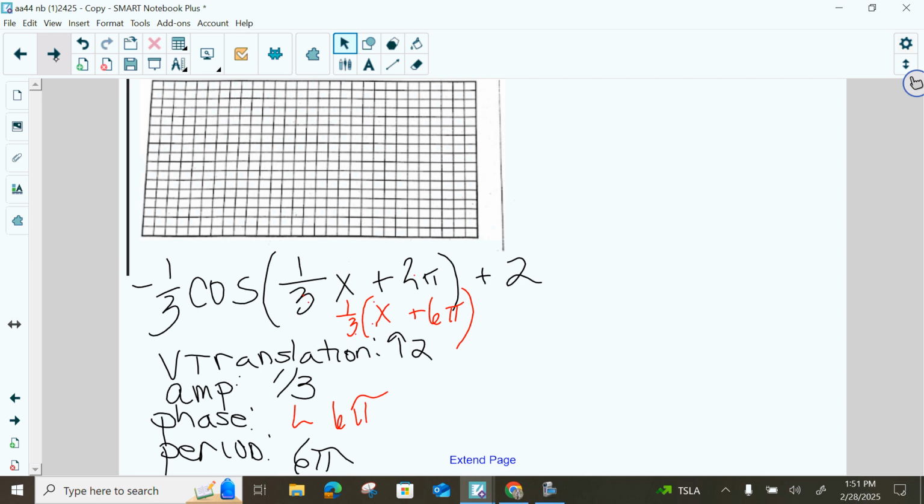Again, once you get used to it, you're going to be able to jump to that nice interval so easily. 0 to 2 pi. Remember, 1 trip around the unit circle.